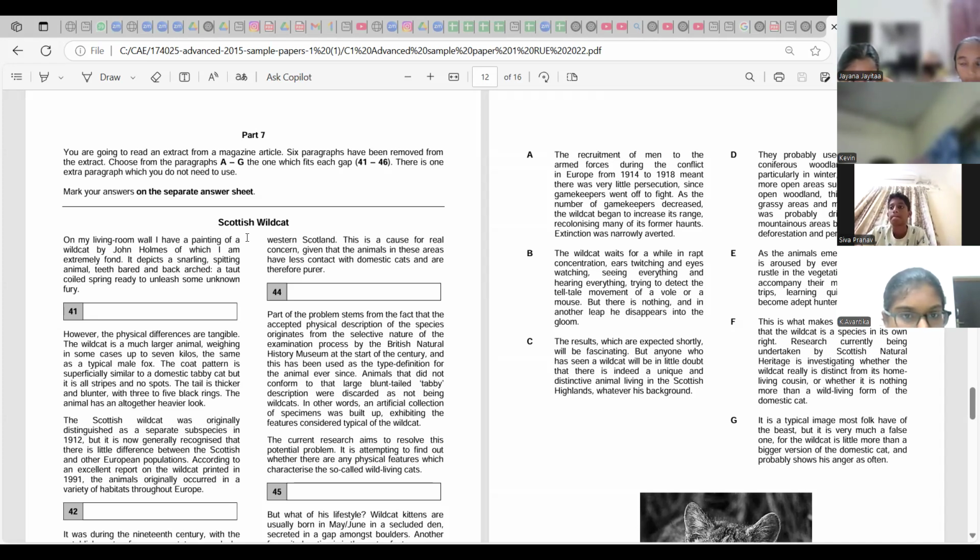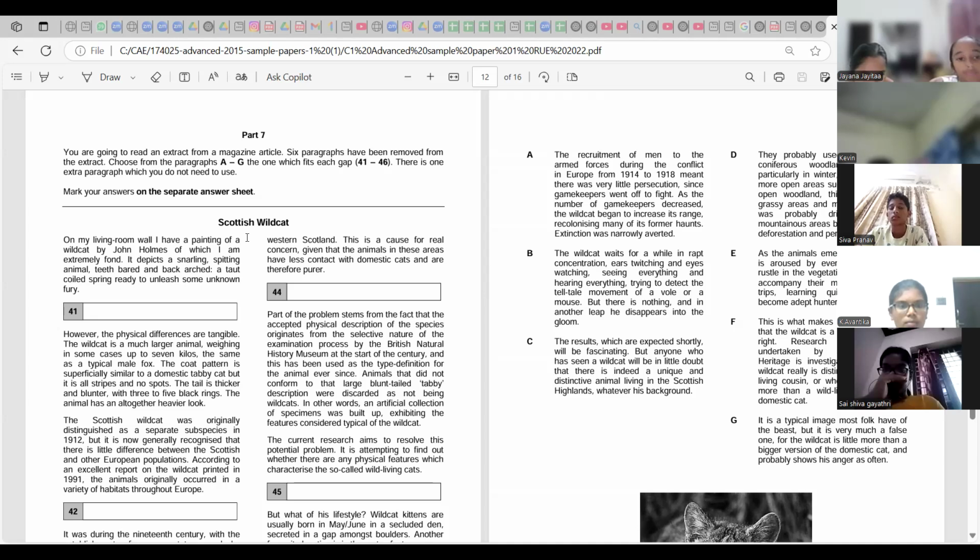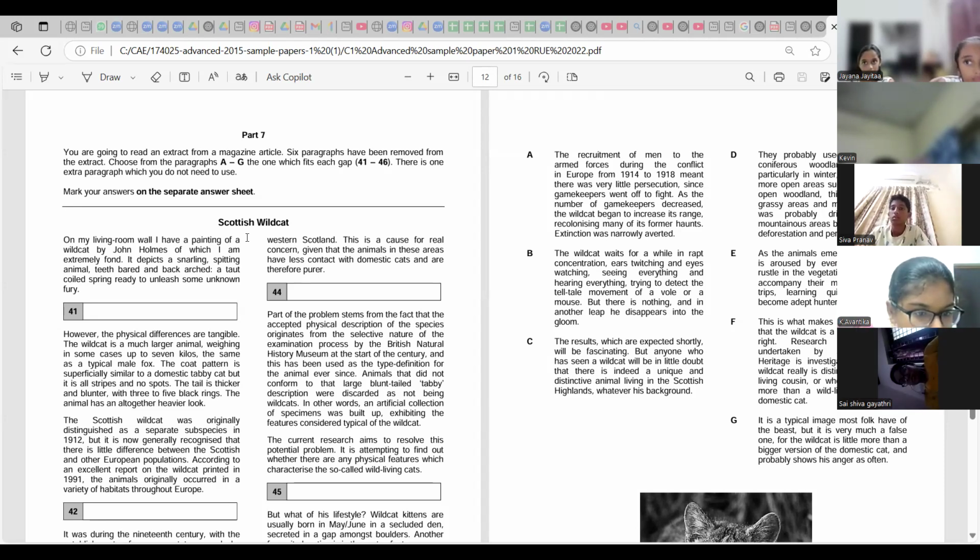The wild cat is a much larger animal, weighing in some cases up to 7 kilos. Big one, the same as a typical male fox. The coat pattern is superficially similar. On the surface level only, it is similar to your domestic tabby cat, but it is all stripes and no spots. Bigger animal, there is no spot. The tail is thicker. Note it down.